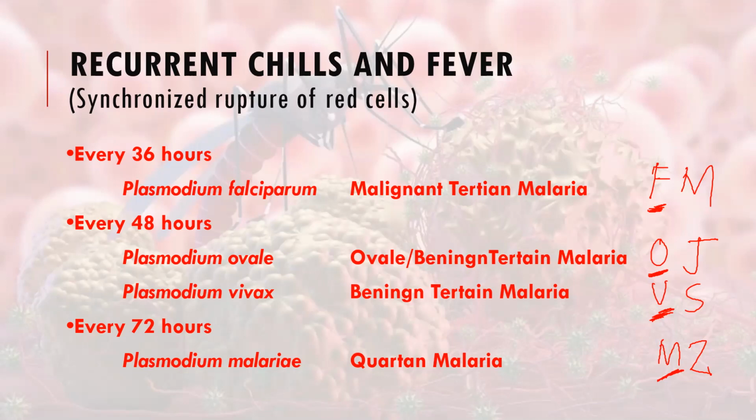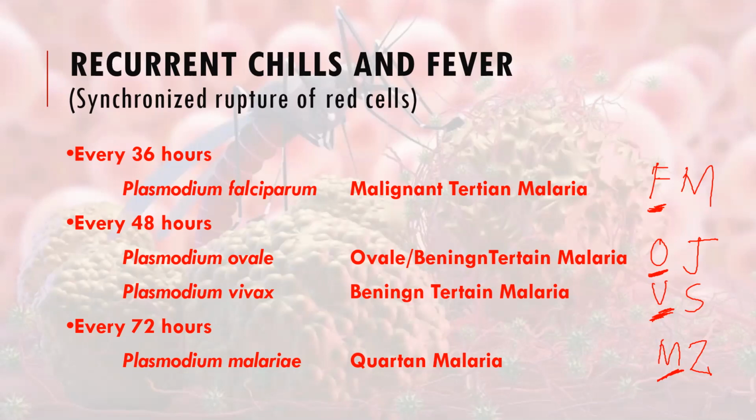Zeyman, malariae. Ano yung mnemonics dyan? Ferdinand Marcos, falciparum maurers. OJ, ovale, James, orange juice. VS, vivax, Schaffners, Vilma Santos. MZ, Malariae, Zeymans, Manila Zoo.